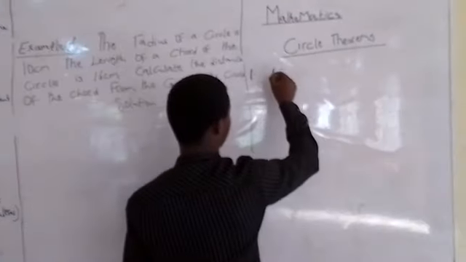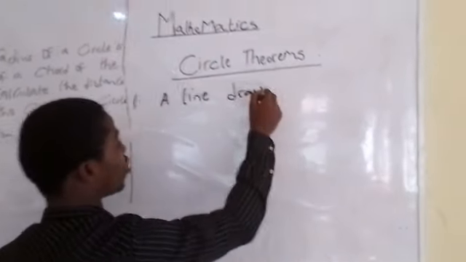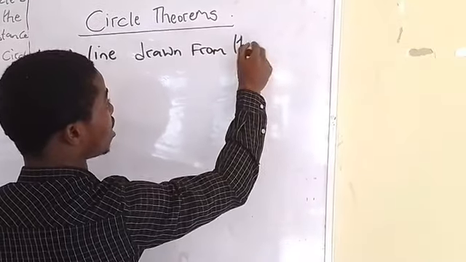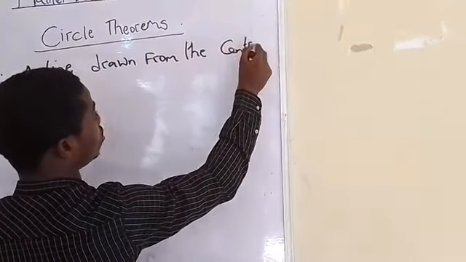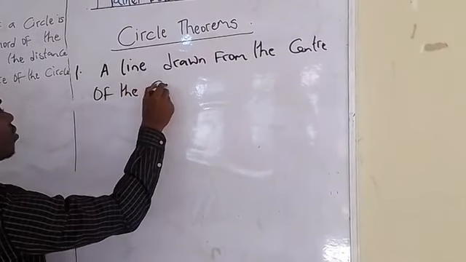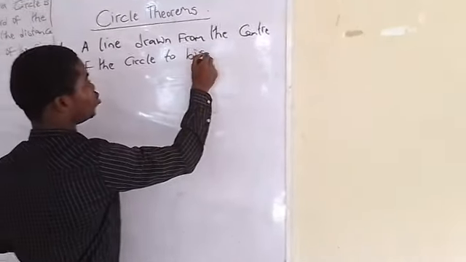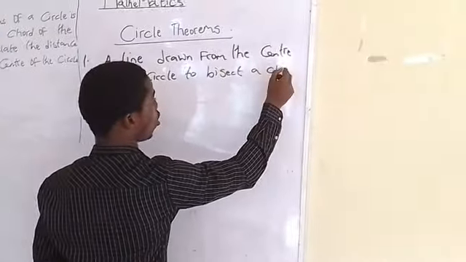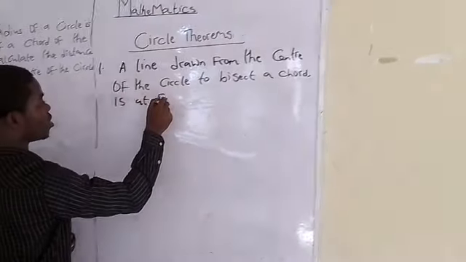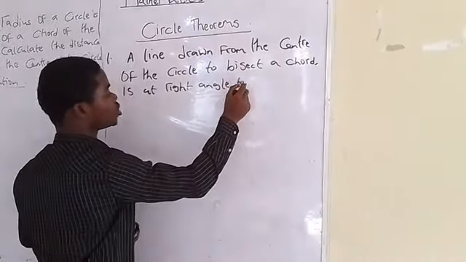So I'll write from the board: a line drawn from the center of the circle to bisect a chord is at right angle to each other.